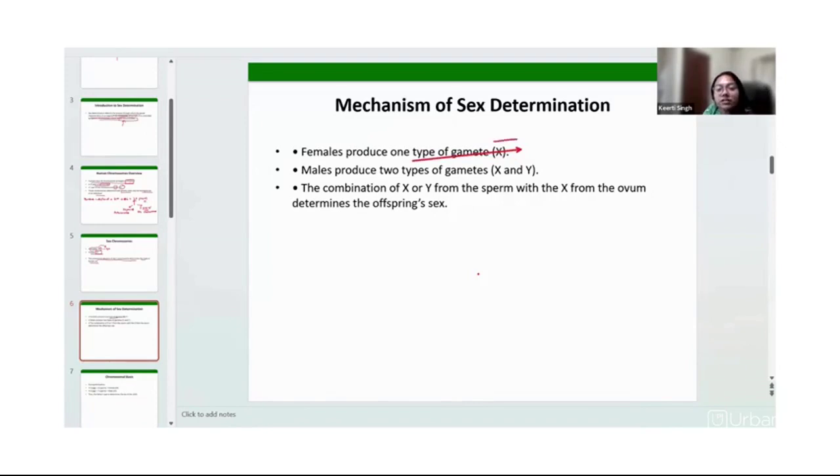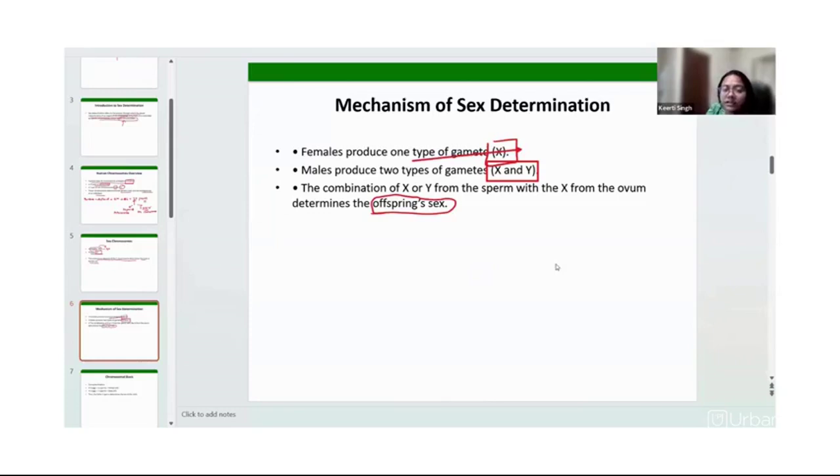And males produce two types of gametes, X and Y. Depending upon which type of gamete fuses with the female gamete, it will lead to the determination of the sex of the unborn child, right?